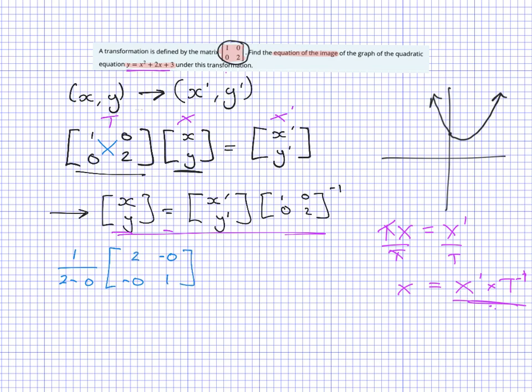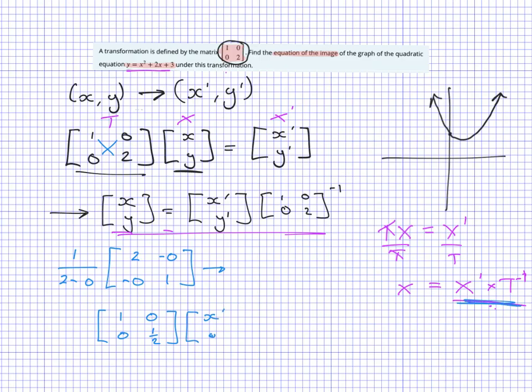So we'll multiply the half through the matrix, so we end up with 1, 0, 0, and a half. All right, so this is the inverse of the transformation matrix, because we needed to find that to multiply it to the image of the points.